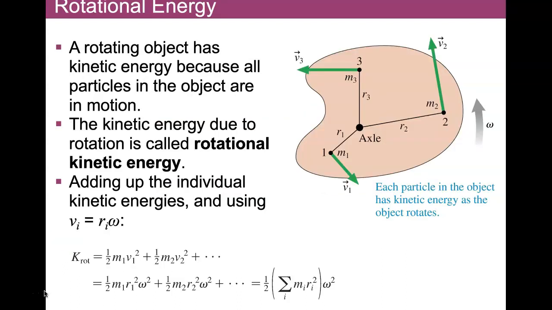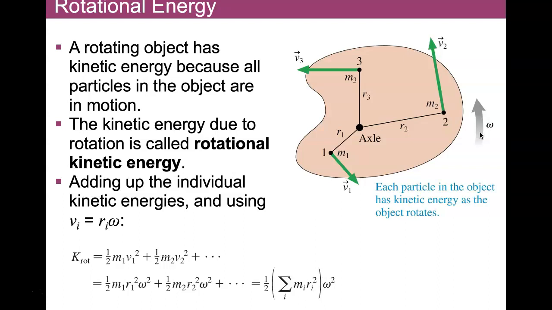Okay. So the next topic, we're going to switch gears a little bit and talk about kinetic energy for an object that's rotating around a fixed axis. So that's some arbitrary object. There's an axle here. It's rotating around this with angular velocity omega.